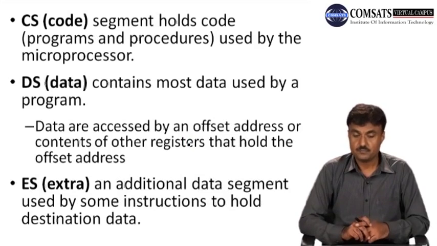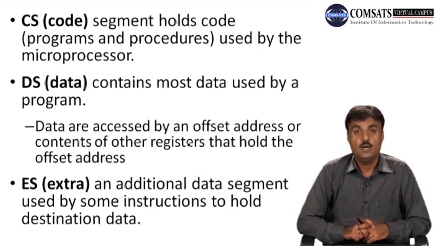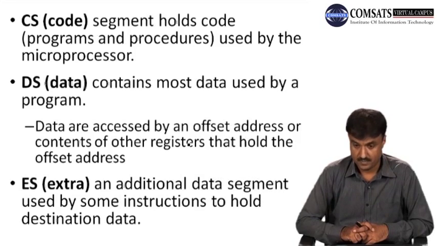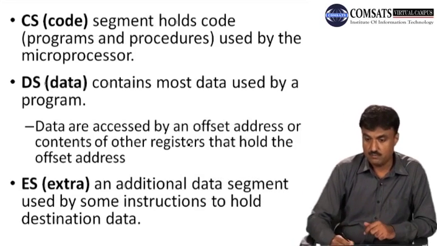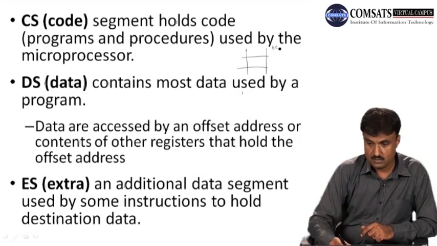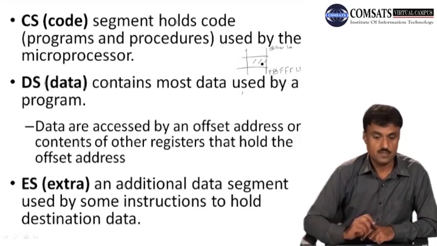Now CS is the code segment register. This register holds the code. As I've drawn in the previous slide, if we start memory from 000 hexadecimal and so on, up to 00F and so on, there is one area where our code is stored.